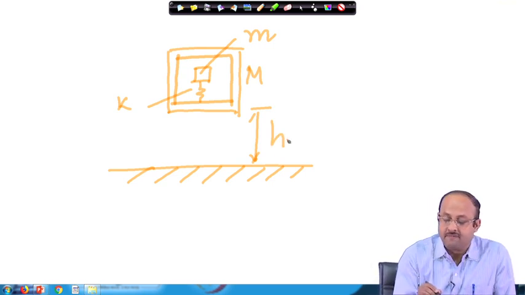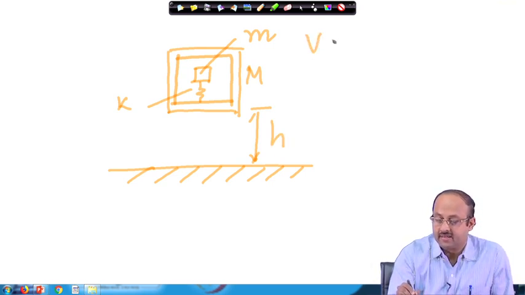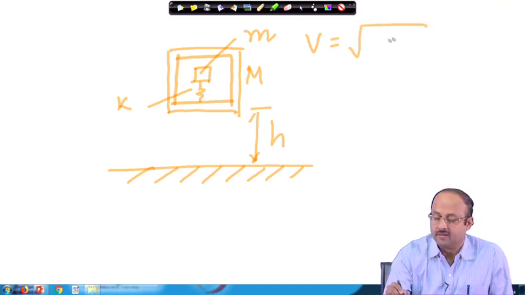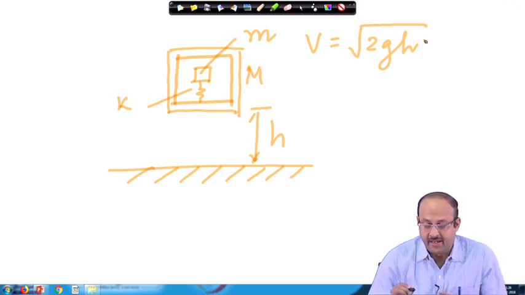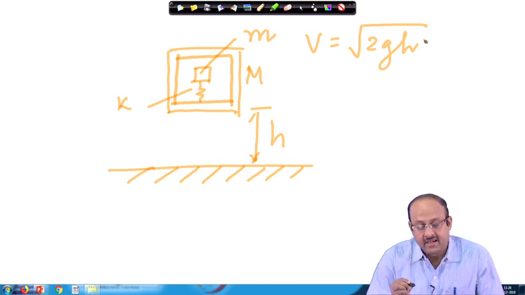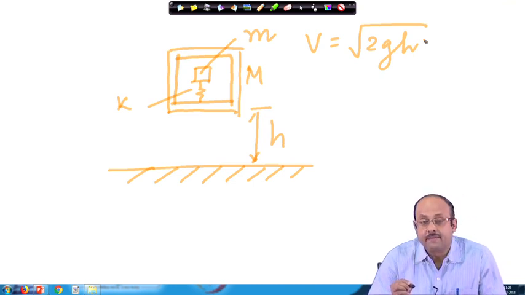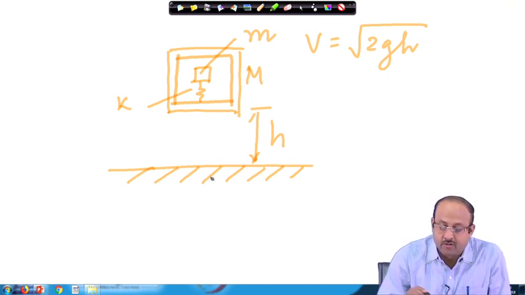When the body falls, it acquires the velocity v, which is equal to root 2 g h. After it touches the ground, it may rebound back or it can stay for some time, depending upon the nature of the collision.